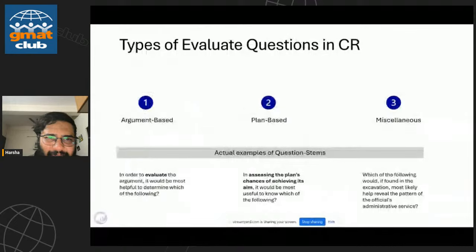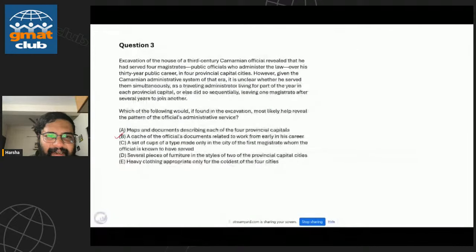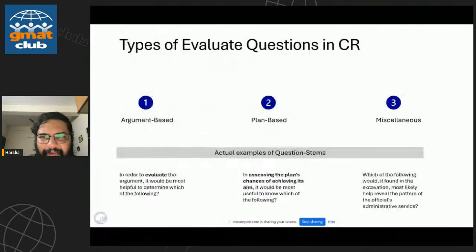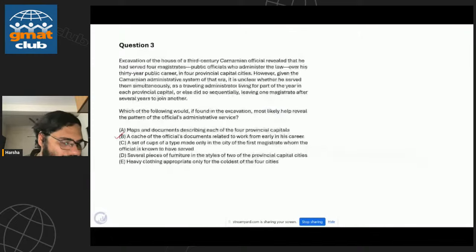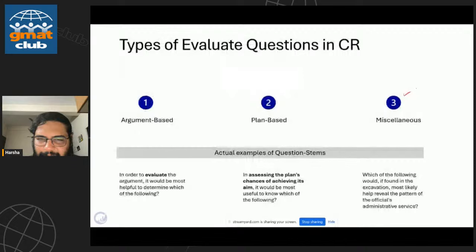Now, very interestingly, I like to call this a third type of evaluate, which is not strictly argument based, not strictly plan based, but something else entirely. A lot of these questions still fall under the evaluate bucket because there is an aspect of evaluation that you have to do. In this case, each of these choices will tell you one way or the other what to do, right?